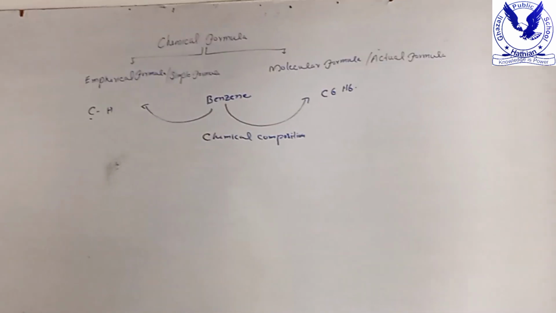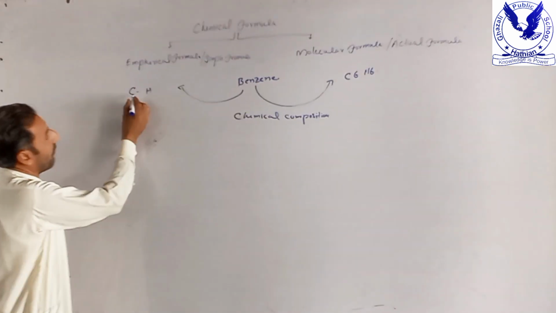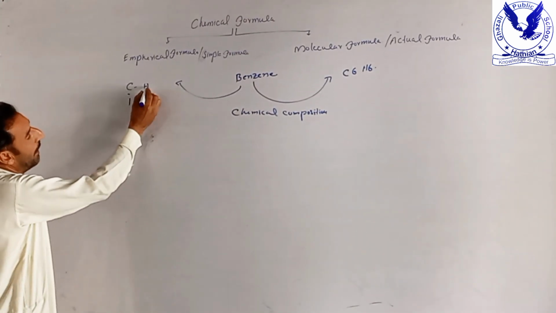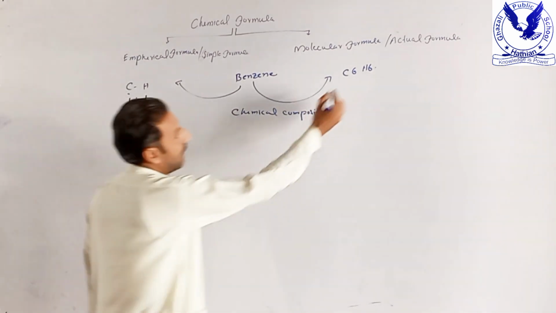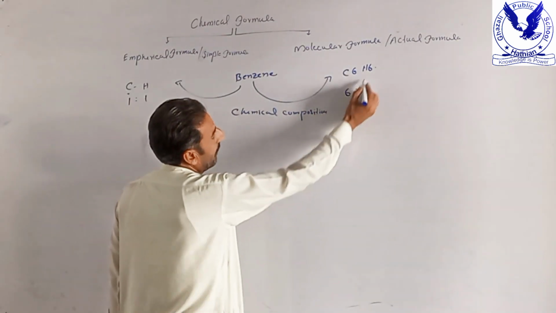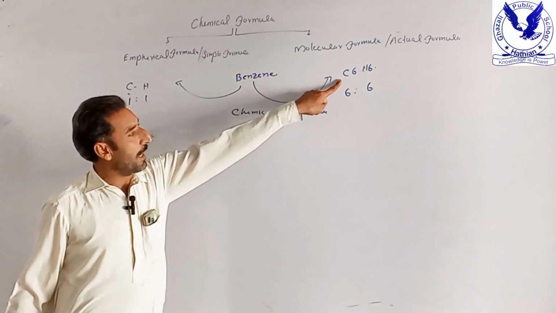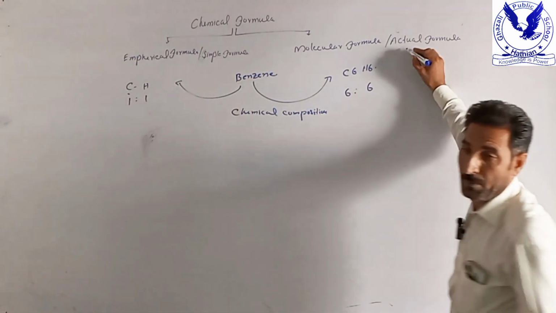Is it clear? But the difference between the two formulas is this: here, carbon atom is 1 and hydrogen atom is 1. Here, carbon atom is 6 and hydrogen atom is 6. This formula is based on the actual molecule.